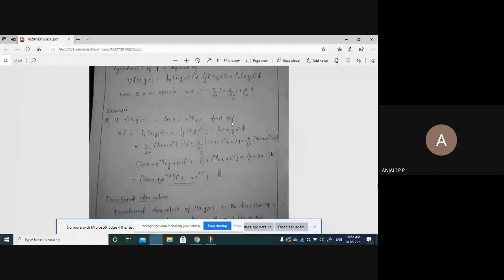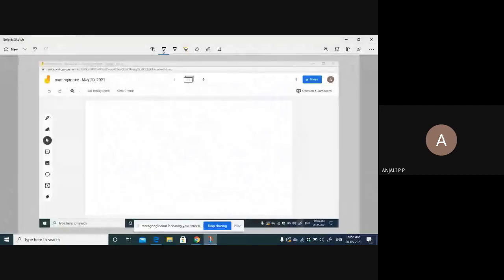So here the function is sin x plus e raised to xy plus z.